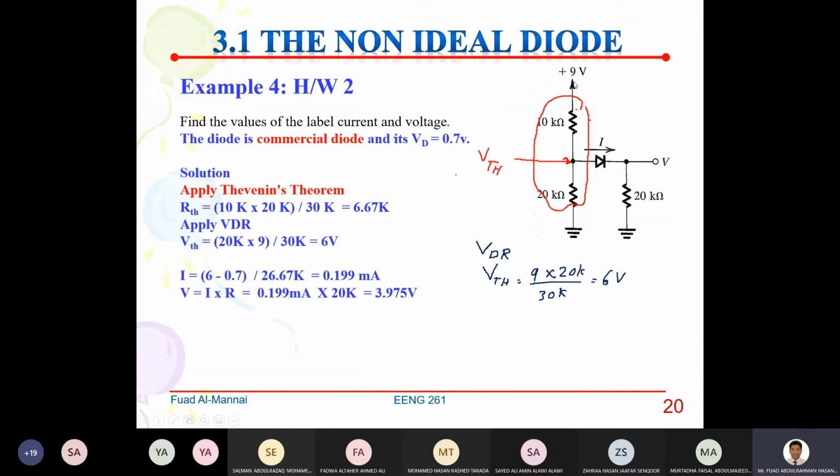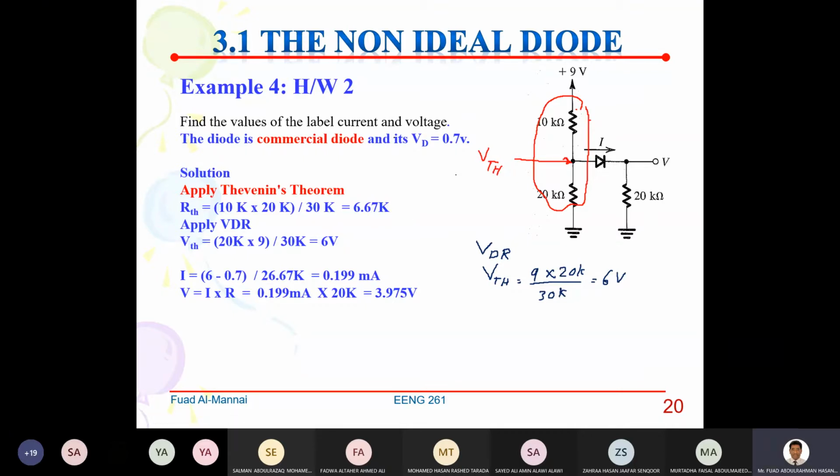So if we put this one here to ground, you will see that R1, which is 10K, will be in parallel with 20K. Therefore, RTH will be 10K multiplied by 20K divided by the sum, and that will give you 6.67K. Everybody see that?